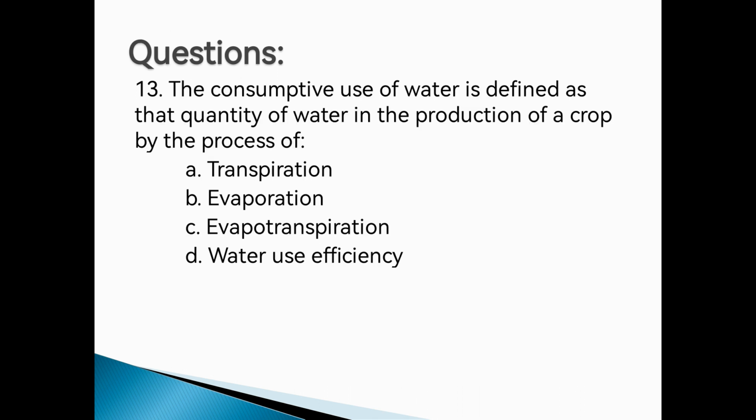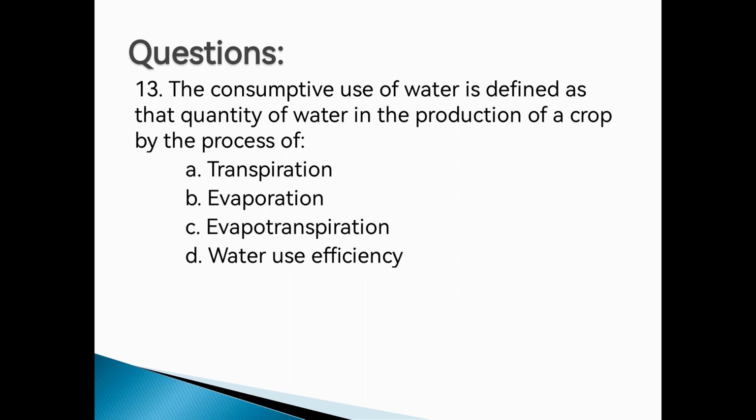Question number 13. The consumptive use of water is defined as that quantity of water in the production of a crop by the process of A. Transpiration. B. Evaporation. C. Evapotranspiration. D. Water use efficiency.